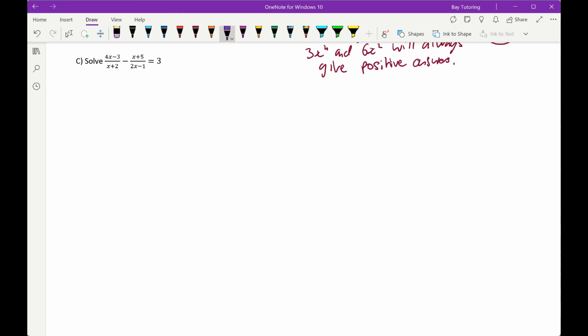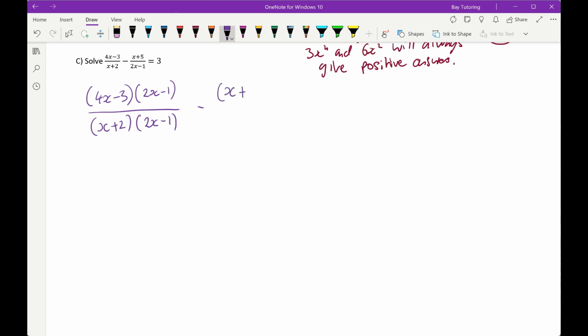Okay, so we will go 4x minus 3. Again, we're going to times that by 2x minus 1, only doing one thing at a time. So I'm not actually multiplying them yet, writing it in factorized form. And now we're going to multiply the other one.